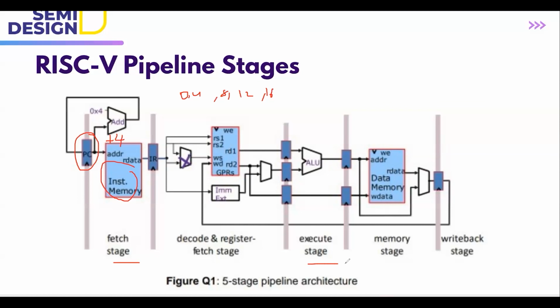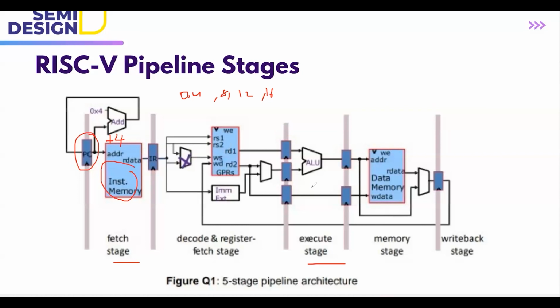Next is the execution stage. Whatever data comes from the decoder will be sent to the arithmetic and logical unit, the ALU. The ALU performs both arithmetic and logical operations, which is nothing but the execution stage.